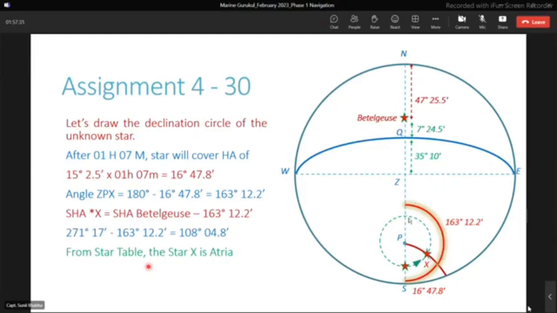It is measured in the westerly direction. If you go east, the SHA would decrease. So the SHA of this particular star would be 163 degrees lesser than the SHA of Betelgeuse because it is east of it. That's why we found the SHA of the star by using SHA of Betelgeuse minus 163 degrees.